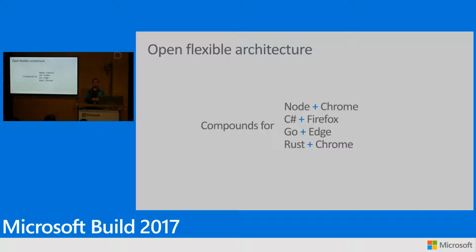You can also do it with our C# debugger and Firefox. You can use our Go debugger that the community has built with Edge, because we have an Edge debugger available. We're basically just composing different debugging configurations together, and because we have these debuggers available, we can give you this integrated experience.